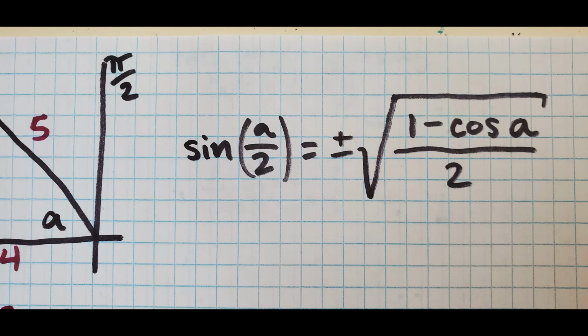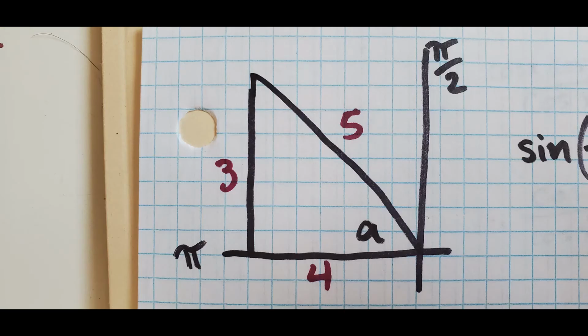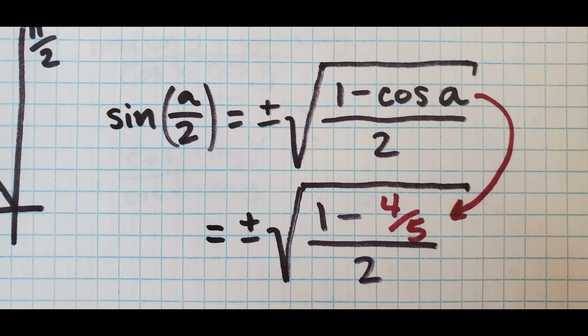Now the cosine of A is the reason I had to draw this picture. So cosine of A, I come back over to my picture, and cosine of A is adjacent over hypotenuse. Well, in this case, the adjacent side to that angle A is 4, and the hypotenuse to that angle A is 5, so we're going to get 4/5.